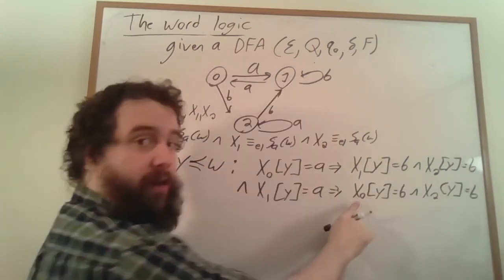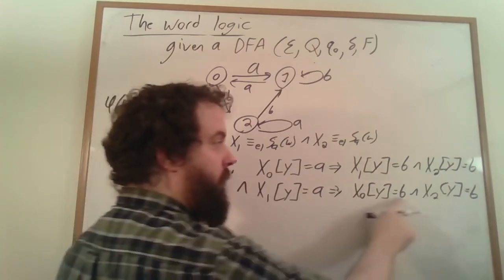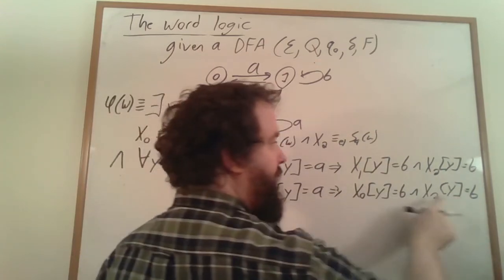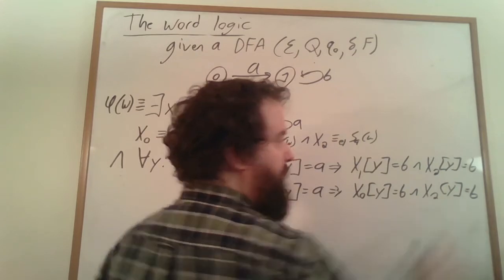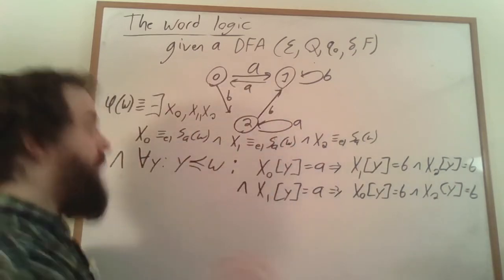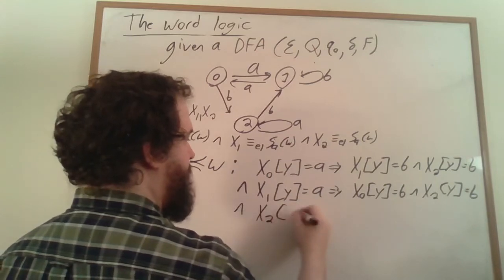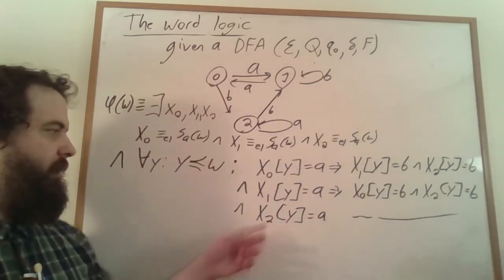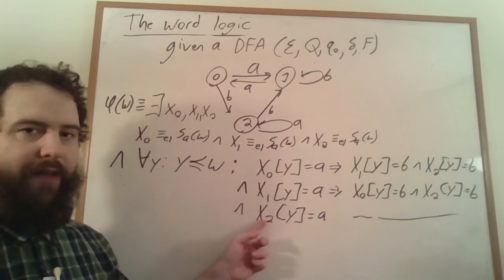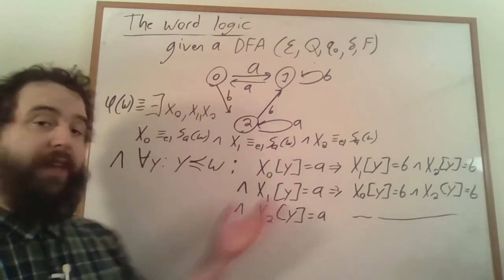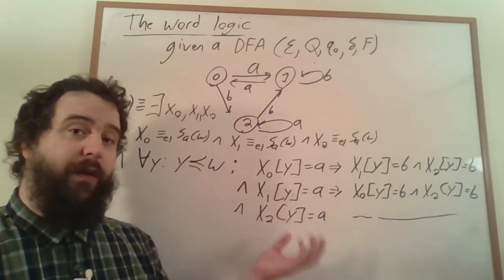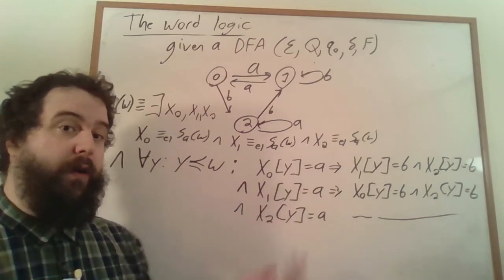The character of x0 at position y is equal to b, and the character of x2 at position y is equal to b, and the same for x2. If the character at position y of x2 is equal to a, then the character at position y of x0 and x1 are going to be b's.